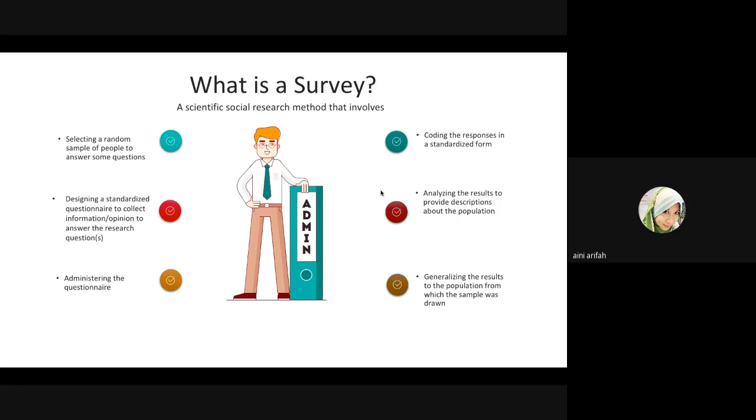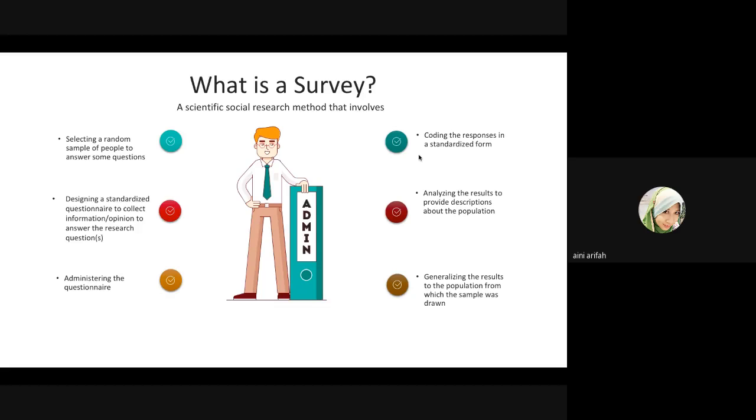So let's go on to the first slide. What is a survey? Survey is a scientific social research method that involves selecting a sample of people to answer some questions, designing a standardized questionnaire to collect information or opinion to answer the research questions, administering the questionnaire, and then after we've administered the questionnaire, we need to code the responses in a standardized form, usually in numbers.